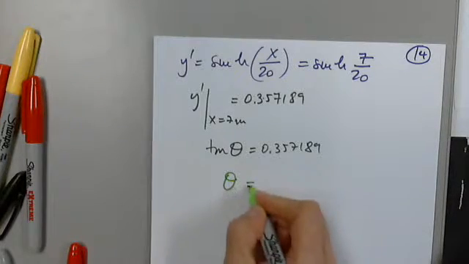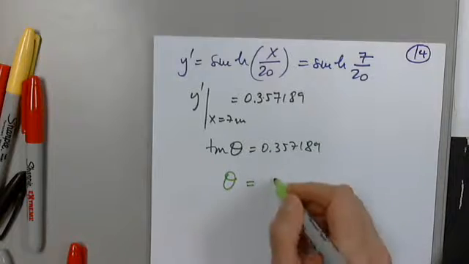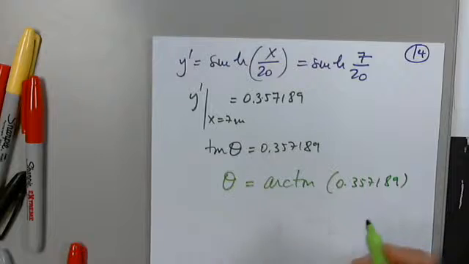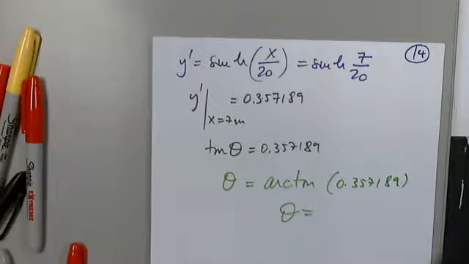What can I apply to both sides? Of course, the inverse tangent. Careful now, if the calculator is in degrees, I will get degrees. Since the calculator is still in degrees, I go to inverse tangent. I recall the previous answer, because I don't want to type it in. And I get 19.65 degrees.